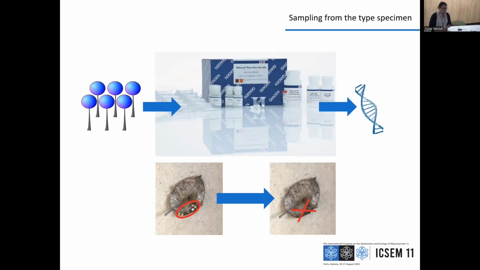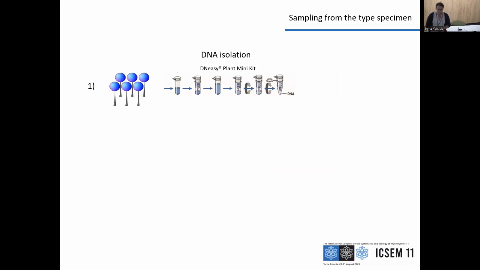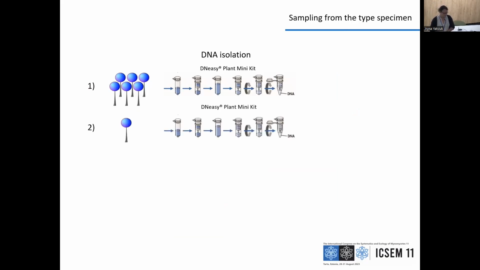To overcome this problem, our team tested several protocols. One of them was the DNeasy Plant Mini Kit, which is the most commonly used, and we sampled from several sporocarps. Then we used the same isolation kit and sampled from one sporocarp.